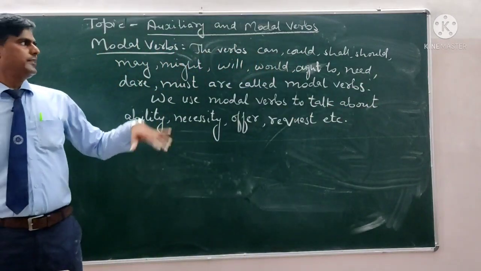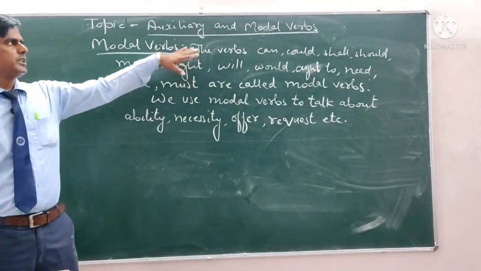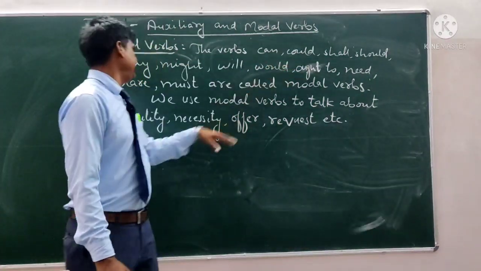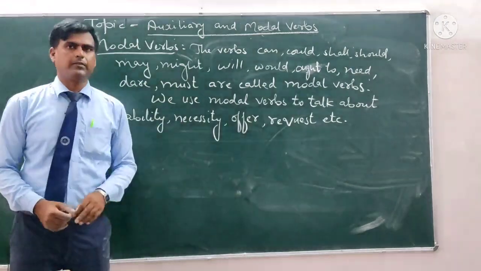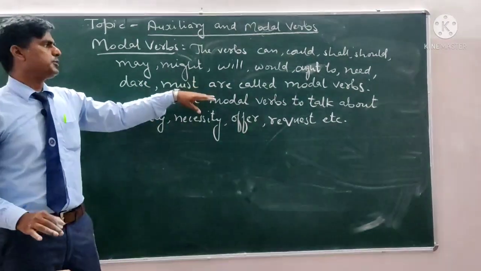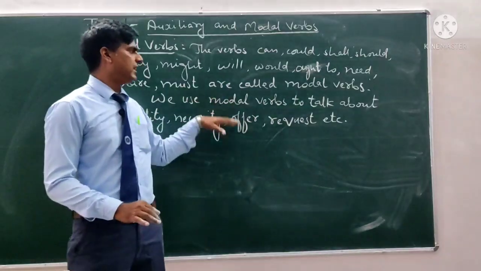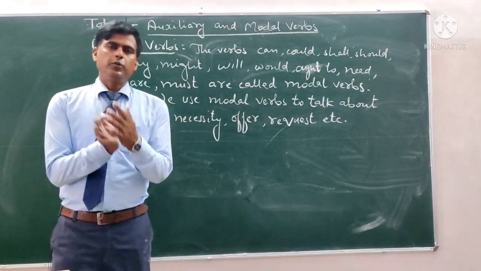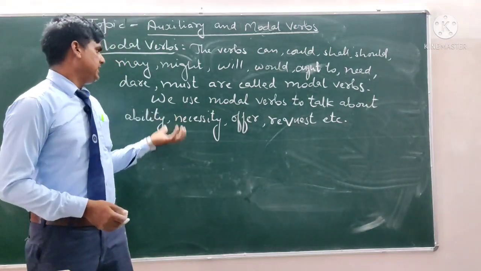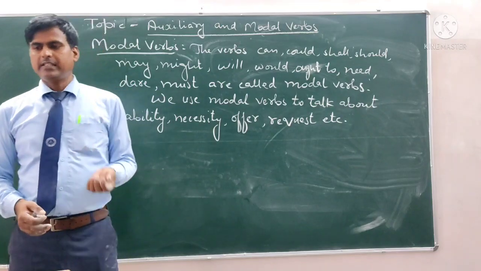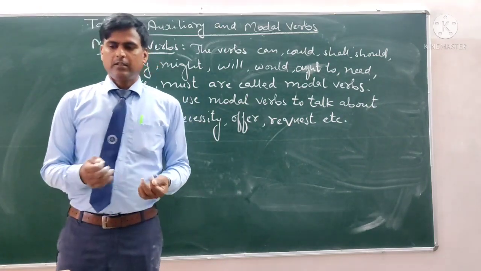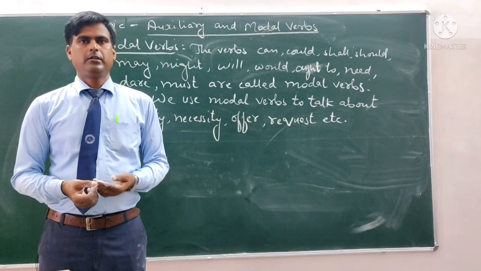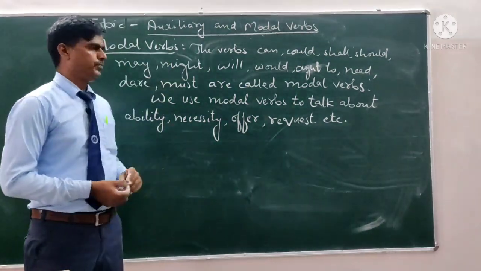I am not going to write all the things. So the verbs can, could, shall, should, may, might, will, would, ought to, need, dare, must are called the modal verbs. And we use modal verbs to talk about ability, necessity, offer, request, certainty, permission, possibility, etc.